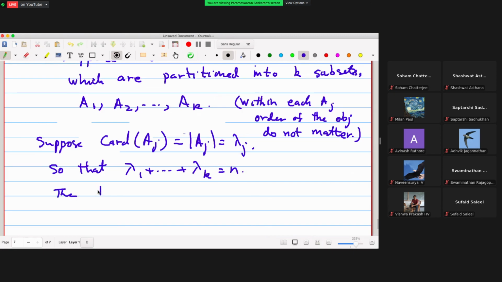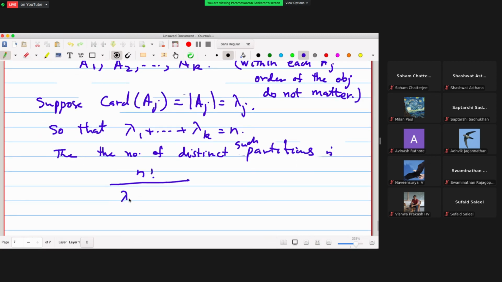Then the number of distinct such partitions is n factorial divided by lambda 1 factorial up to lambda k factorial.